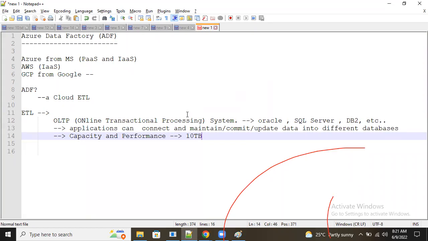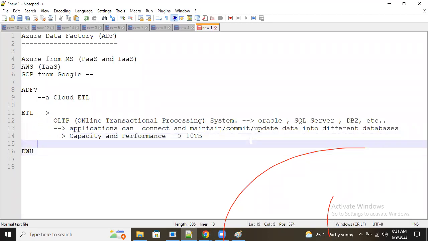Where is the 12 years of data? Here, you have a capacity to store only 10 TB, that is just 1 week of data. But where can I store old and current data, historical data and current data? That is where exactly data warehousing comes into the picture.